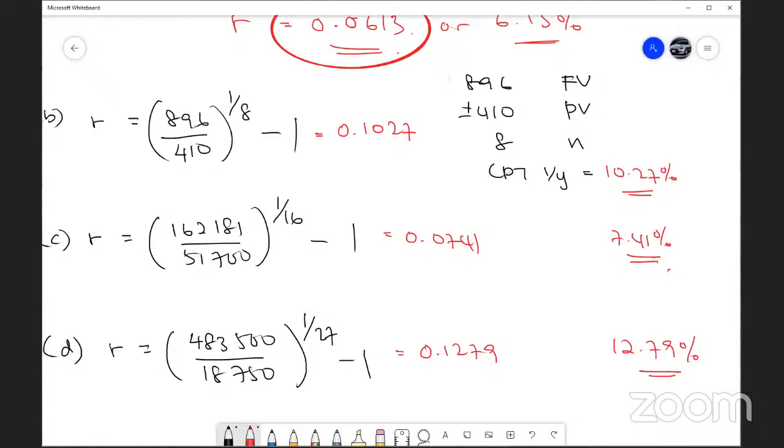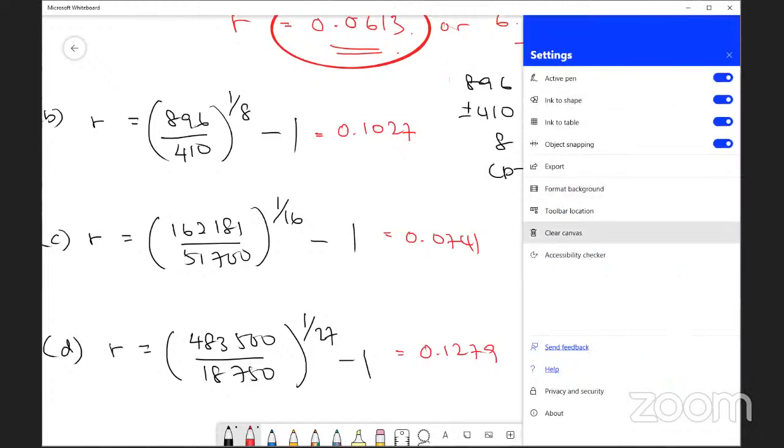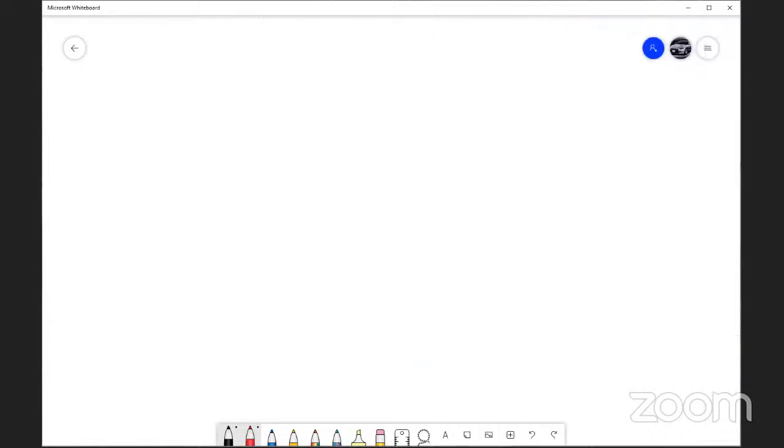So we already counted FV, PV and interest rate. Of course, the last one they want you to practice is counting the years, your N. Number 5. The formula is a bit complicated.